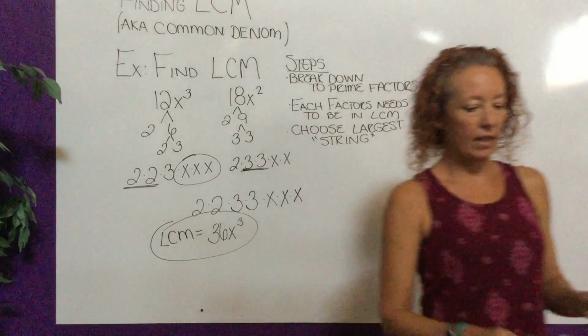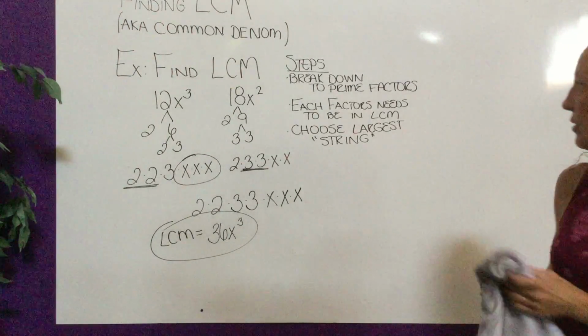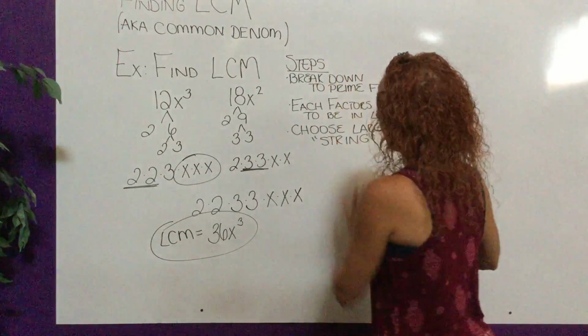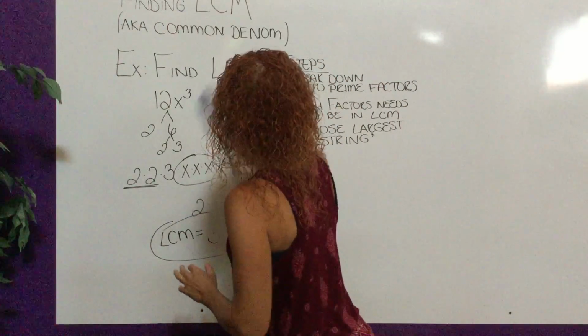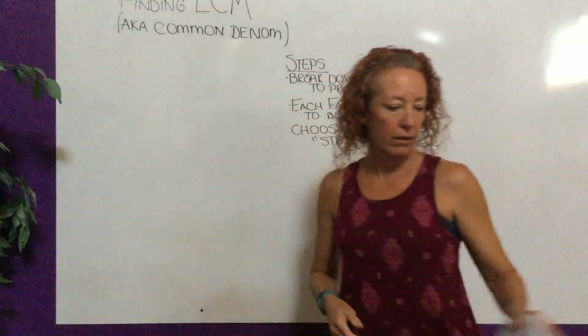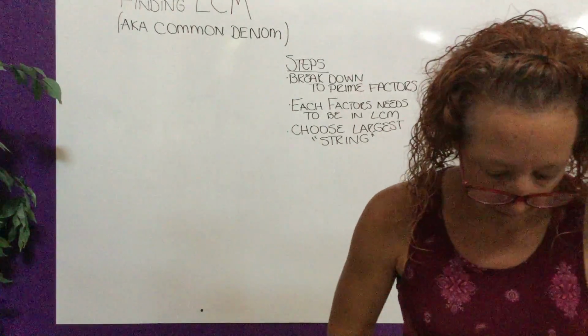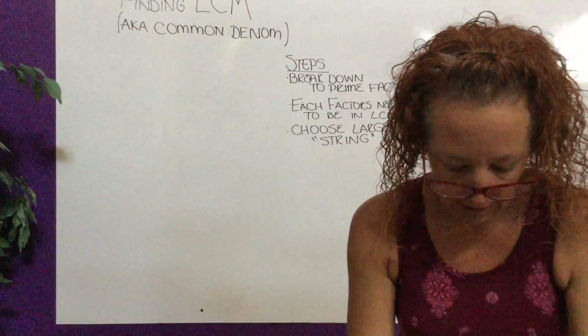Let's do it again and see if you... At any point, if you want to try it, you certainly can. I'll leave the steps up here. Let's try this again. Our instructions are going to be to find the LCM. So I'm going to try 15a.